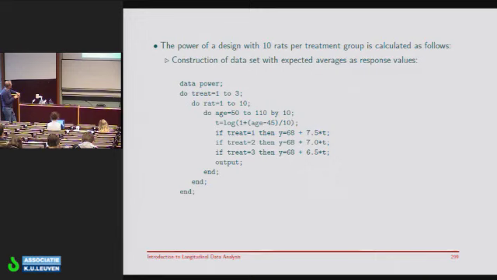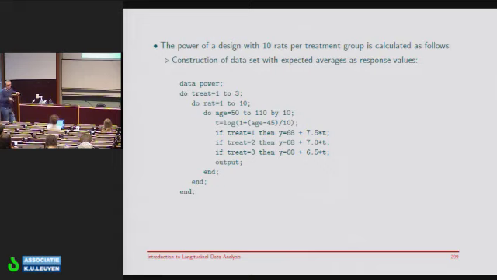So if treatment is equal to 1, then the outcome is my intercept plus the slope in that group multiplied by t. If the treatment is group 2, then it's the intercept plus the slope in group 2 multiplied by t. If the treatment is 3, then it's the intercept plus the slope in group 3 multiplied by t.